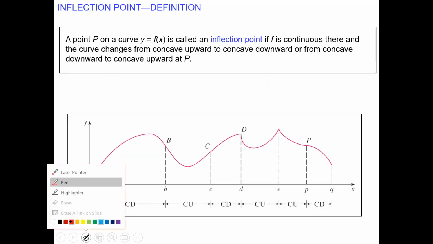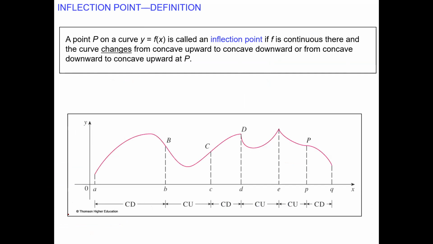Okay, we may also think about the transition points, the points where the function changes its concavity. Looking at this graph, you may probably notice point B, point C, point D, let's say E, and point P. I like to label all of the points, and let's see what we have.